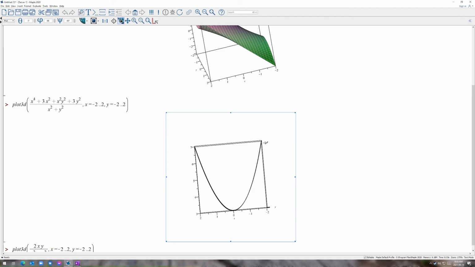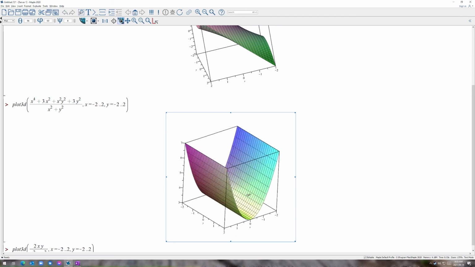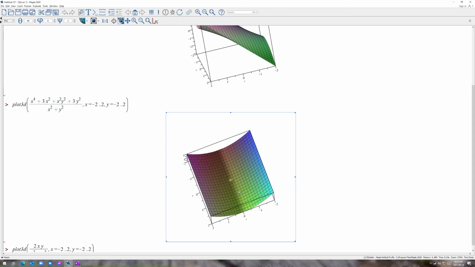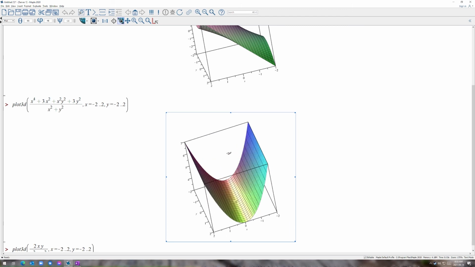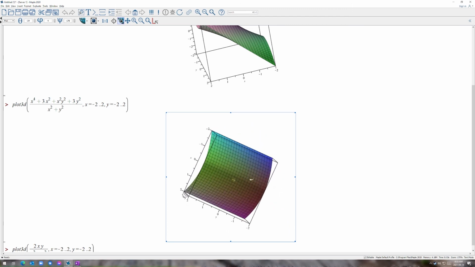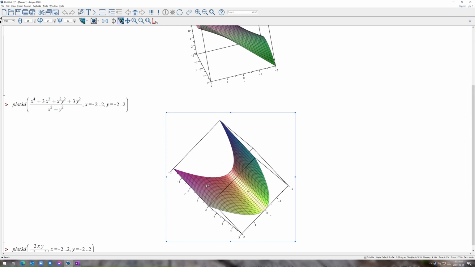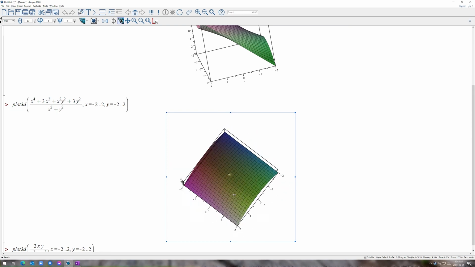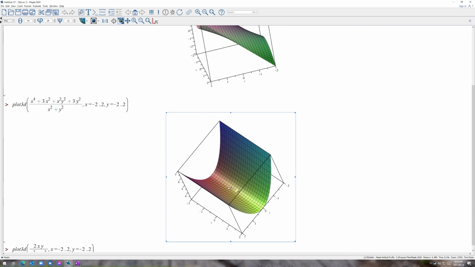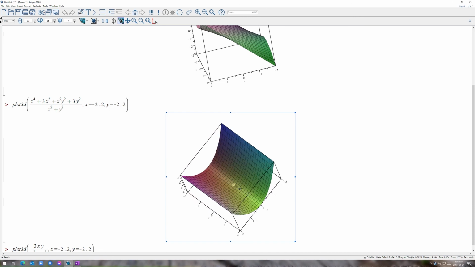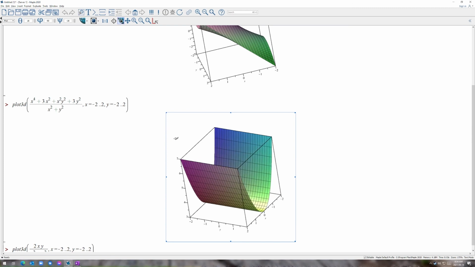Here's the actual sideways graph of z equals x squared plus 3. So the only thing is that Maple has a bit of a tough time with this one spot in the middle at 0, 0. You can see it really struggles to figure out what to do with that spot. It's kind of like somebody just punched a hole in the middle of the surface. And this is essentially analogous to the removable discontinuity. We could simply just patch that hole and it would be a nice smooth surface, not a problem.